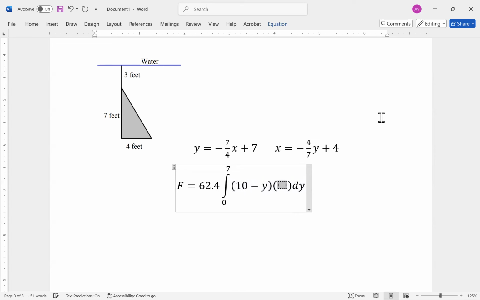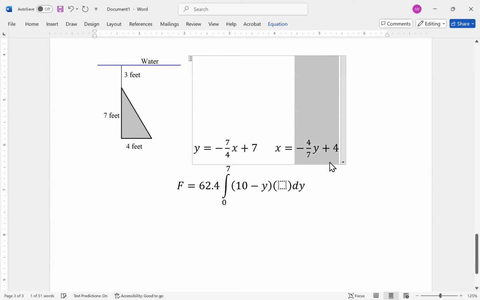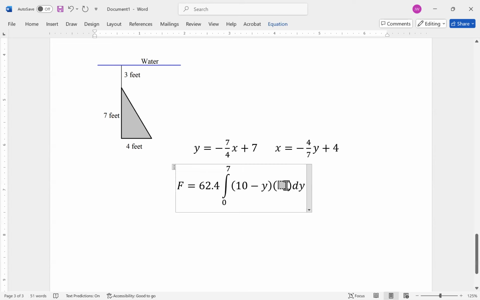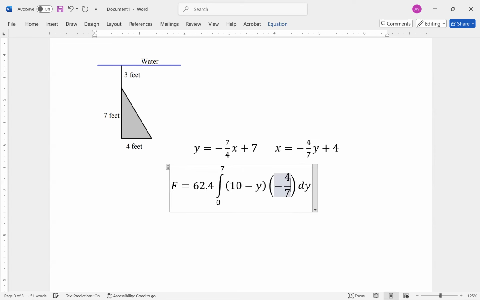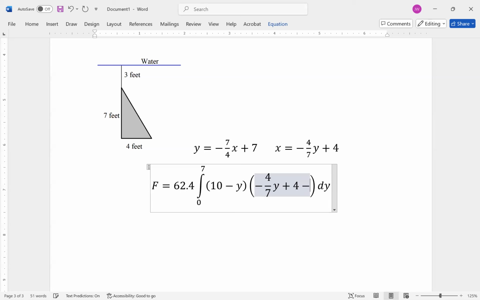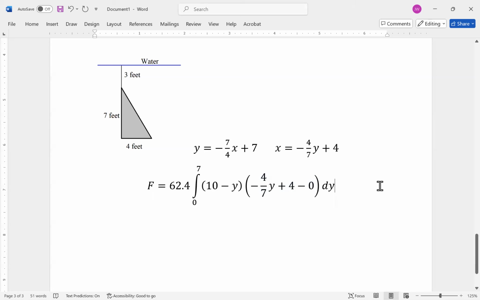And the length is going to go from, on the right-hand side, this line, -4/7 times y plus 4, down to x equals 0. So we'd get this formula for fluid force if we put the origin at the lower left-hand corner.